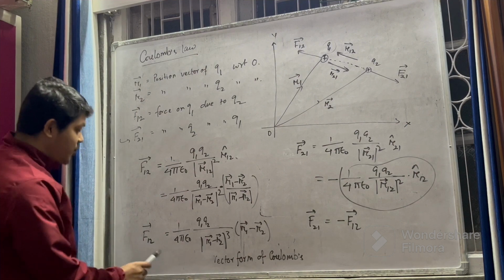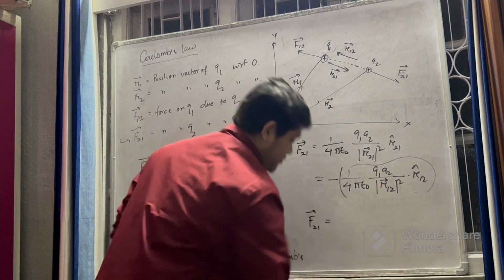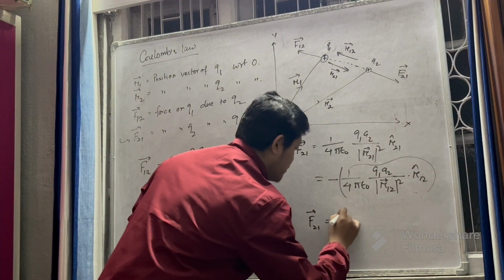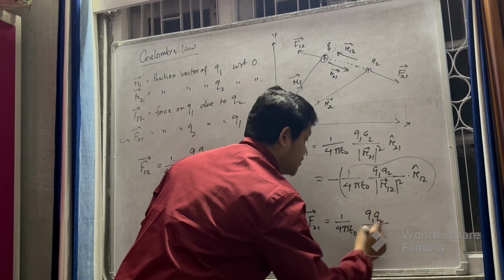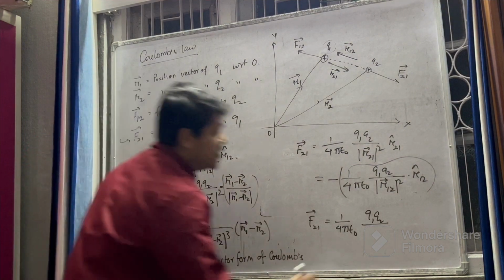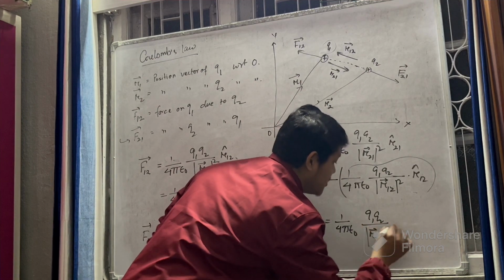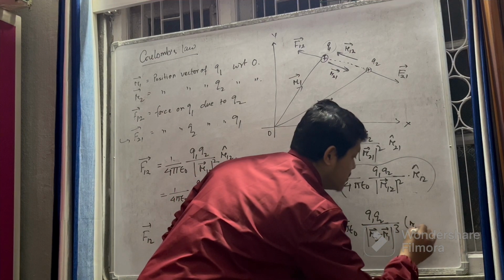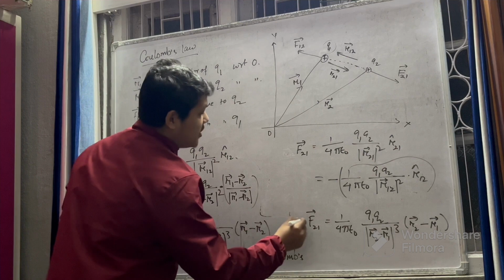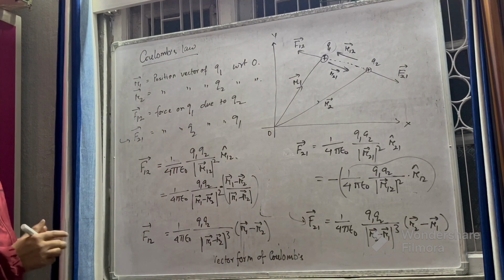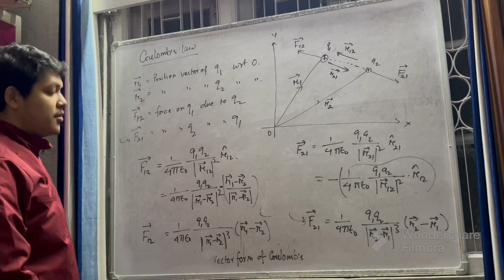So in case of F21, if you find F21, then you will get 1 by 4 pi epsilon naught Q1 Q2 by, instead of R1 minus R2, you have to write modulus of R2 vector minus R1 vector whole cube into R2 vector minus R1 vector, right? So that is F21. So hope you have understood. This is the vector form of Coulomb's law, right?